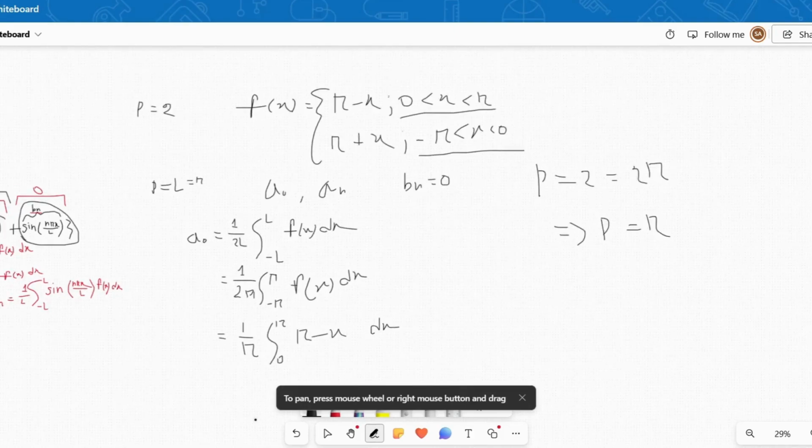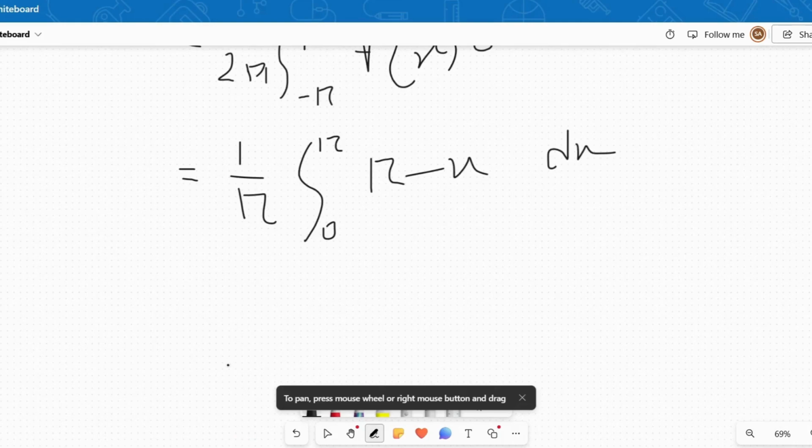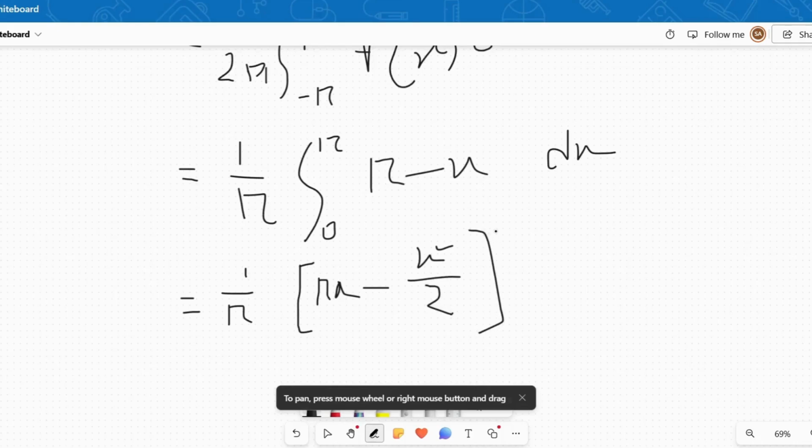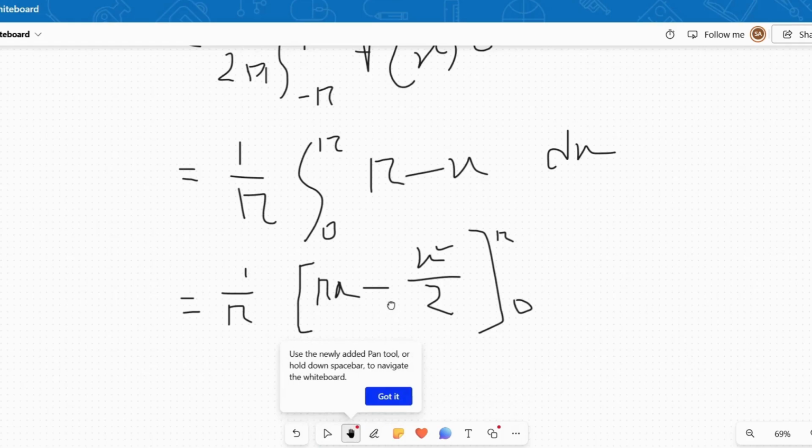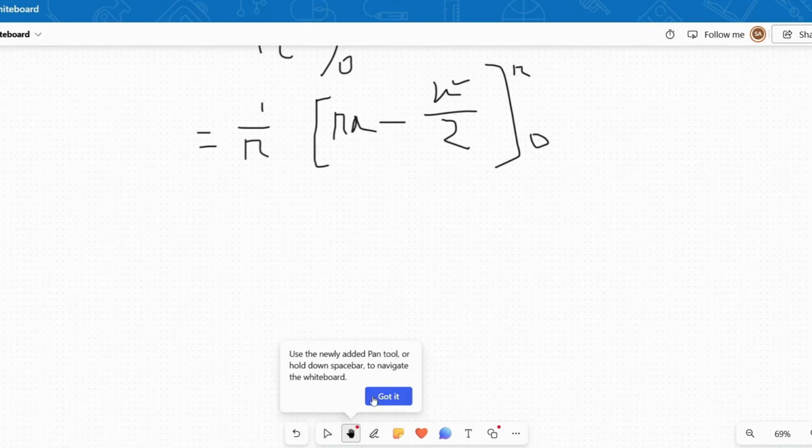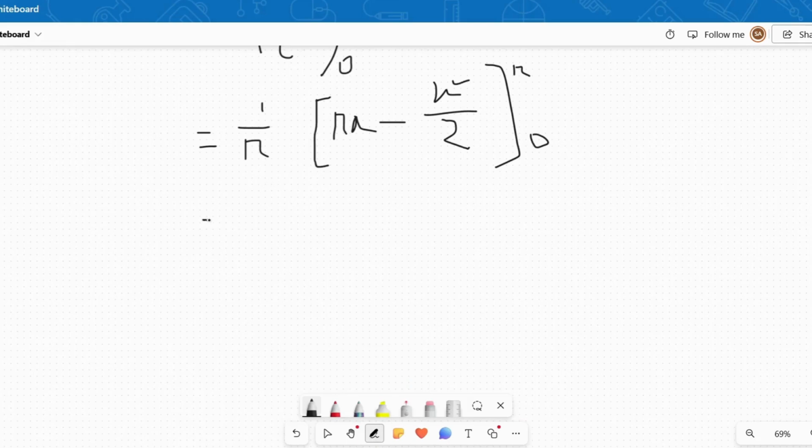Now we have to integrate this function. Let's integrate the function 1 by pi. If we integrate pi, it will be pi x, minus x will be x square divided by 2. Now we plug in the value.